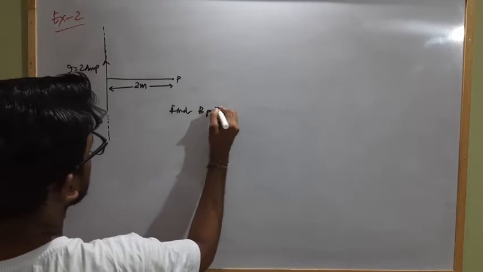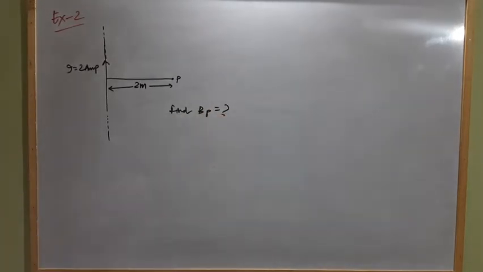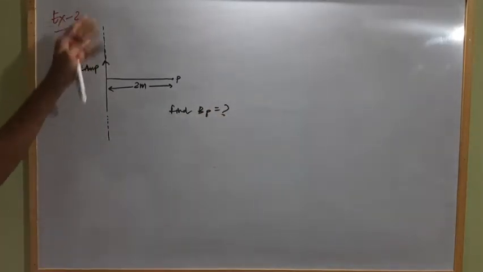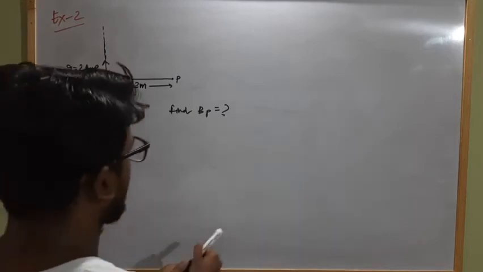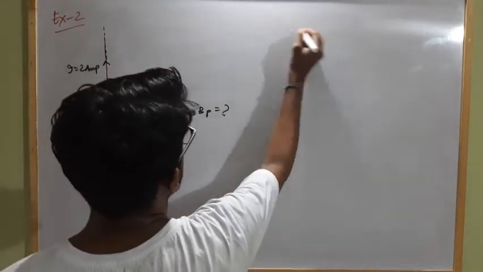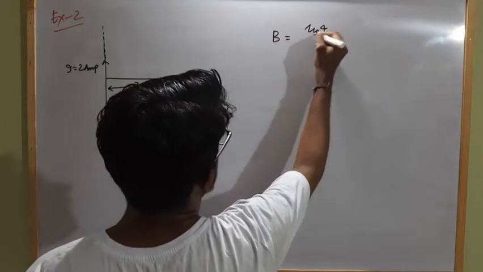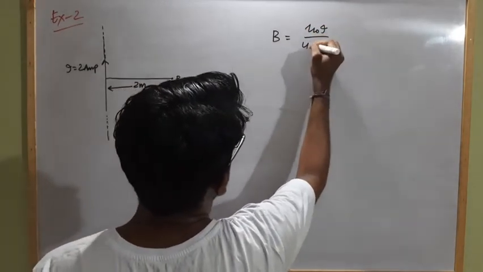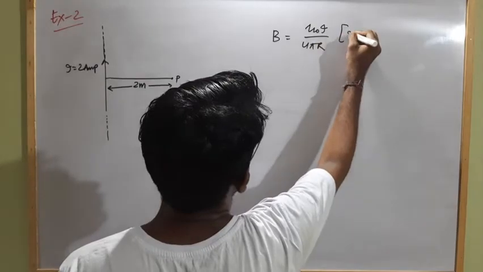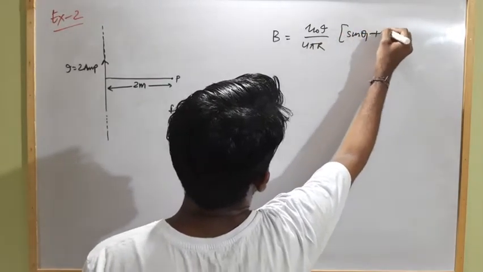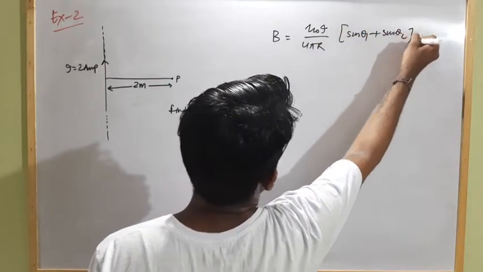B at P. As here the current carrying conductor is infinite, according to the Biot-Savart law formula we know B equals mu naught I by 4 pi r into (sin theta 1 plus sin theta 2).